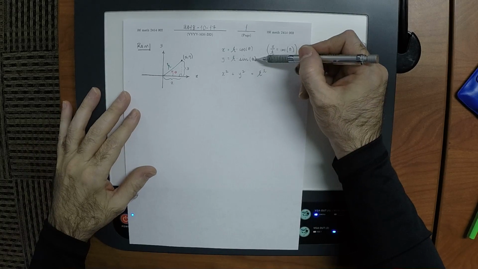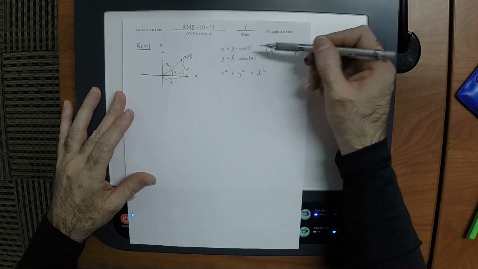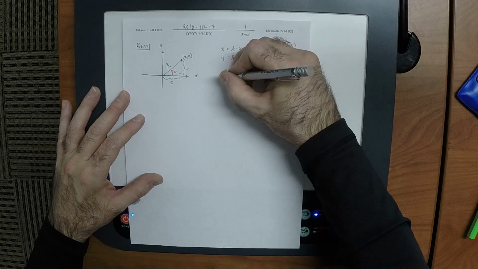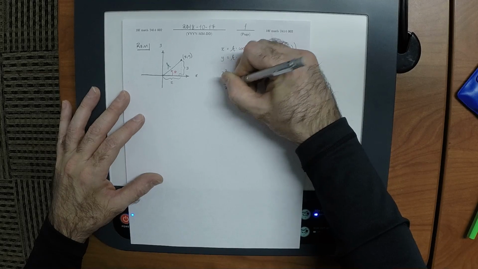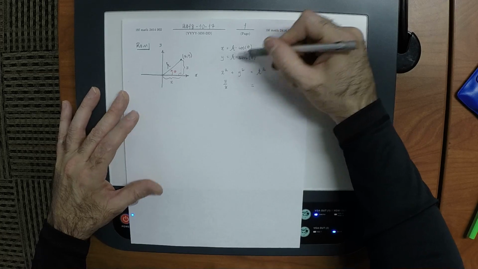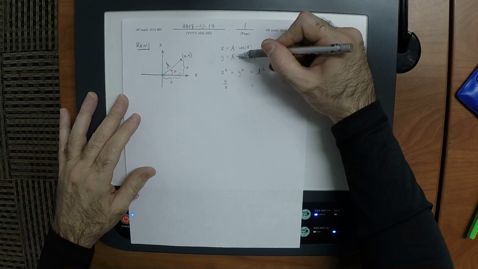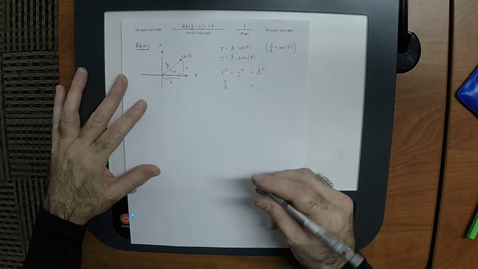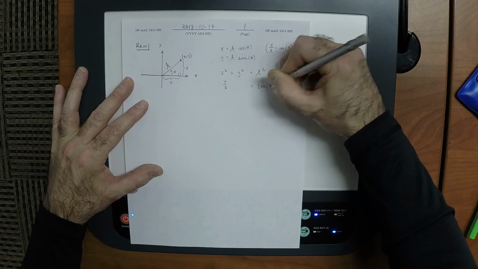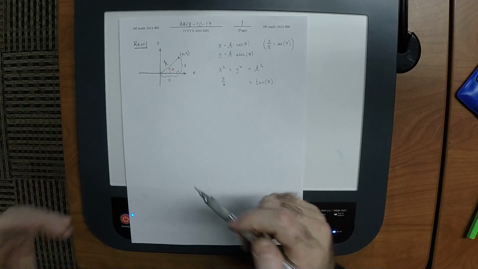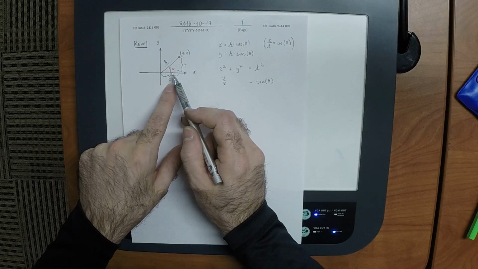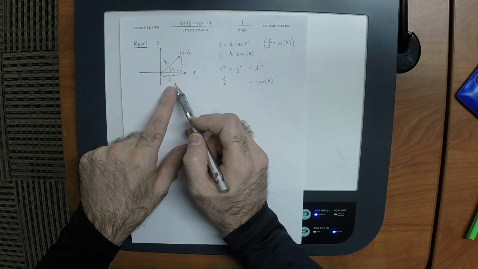If we take the y equation and divide it by the x equation, then we obtain that y divided by x is, assuming r is non-zero, the r's would cancel, and then we'd have sine over cosine, which is what? Tangent. And if you don't like the division of equations point of view, you could just look at this triangle and say, oh yeah, SOHCAHTOA, the tangent of theta is y over x.